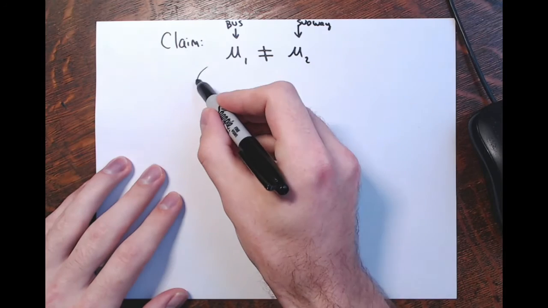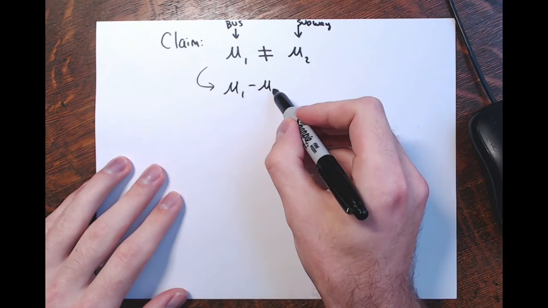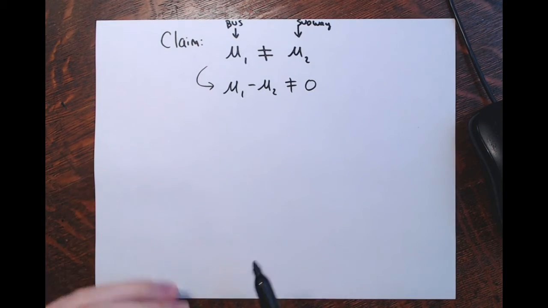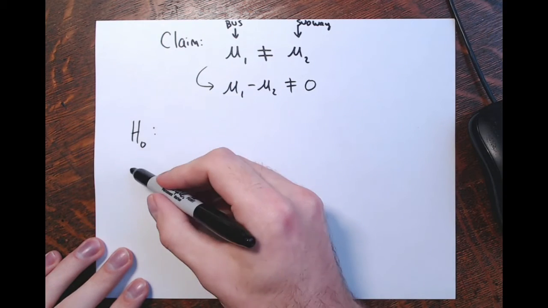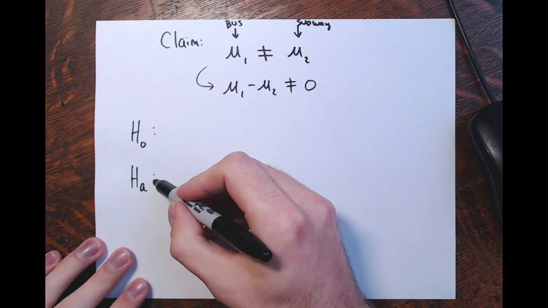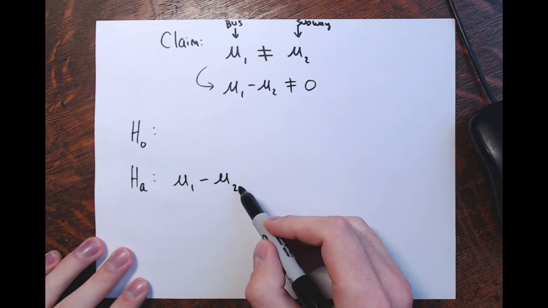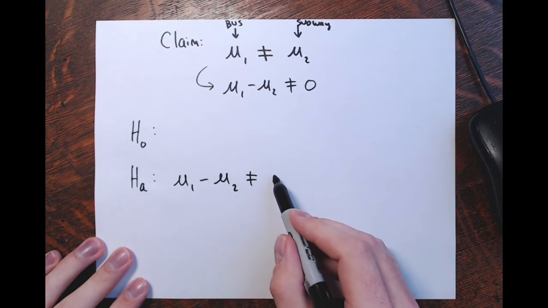Now, another way to state this involving the difference between the two is mu1 minus mu2 is not 0. And then if we were setting up hypotheses, you have a null hypothesis and an alternative hypothesis. This would be the alternative hypothesis, that mu1 was not equal to mu2, or that mu1 minus mu2 was not equal to 0.